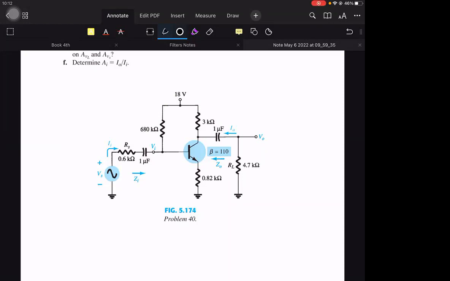Again, the table for DC should be ready. DC analysis.